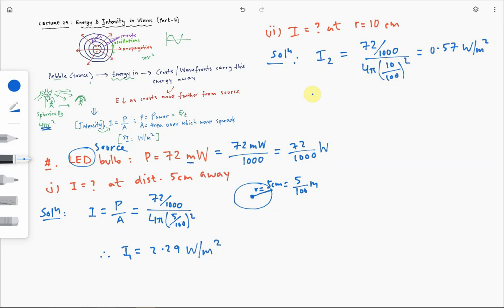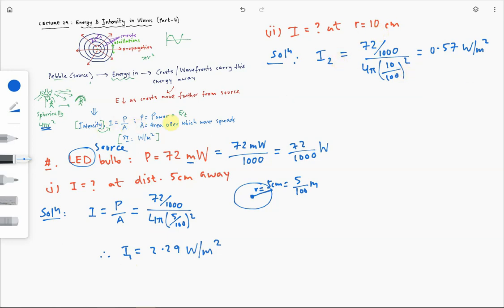Now let's compare I1 and I2. So think about this one. You were standing 5 centimeters away and you calculated I1. Now you moved twice the distance away. You moved to 10 centimeters and you calculated I2.